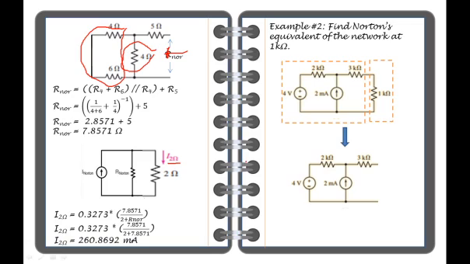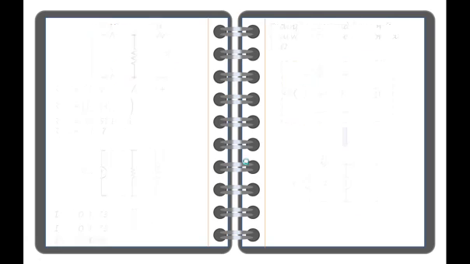So the next procedure is to make a short circuit on the load part, or on the open circuit portion. In this way, we will get the current at that portion.